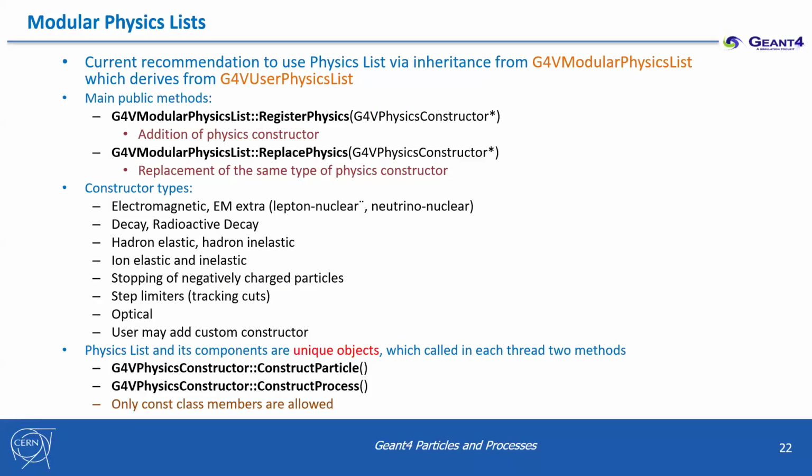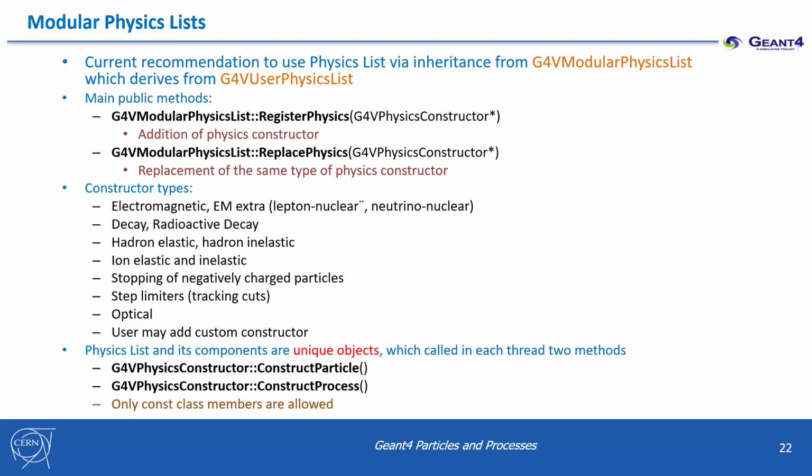The call of modular physics is register physics. In the reference physics list, we register a number of physics processes. By default, in the default physics list, which is FTFP_BERT, radioactive decay is not included. But in FTFP_BERT_HP, HP means high precision neutrons, in this physics list we have radioactive decay enabled.